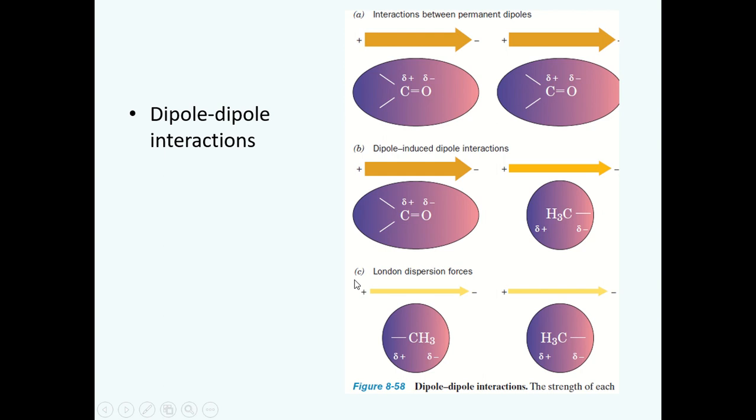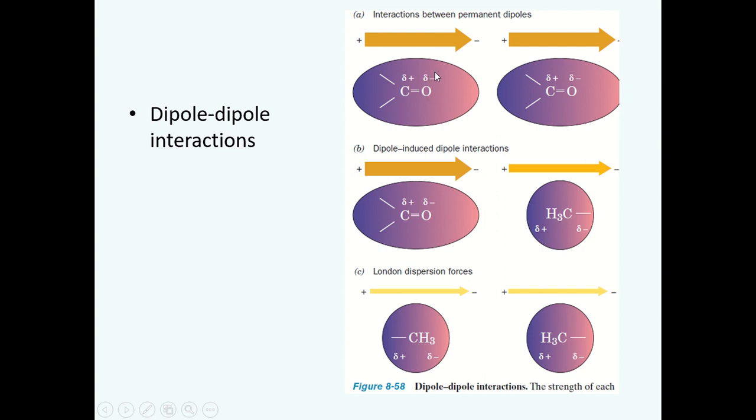The other type of interaction is the dipole interactions. There are many different types of groups which are themselves not polar, but the constituent atoms have a difference of electronegativity. For example, this is a carbonyl in which the oxygen is the more electronegative atom and the carbon is the less electronegative atom. Since oxygen is more electronegative, it will withdraw the shared pair of electrons towards itself.